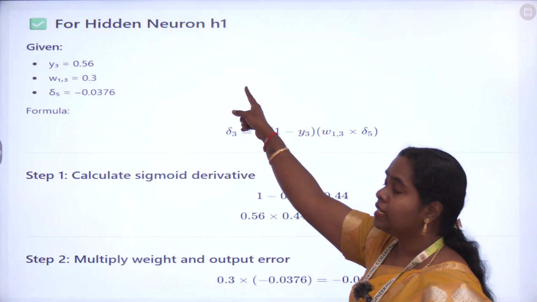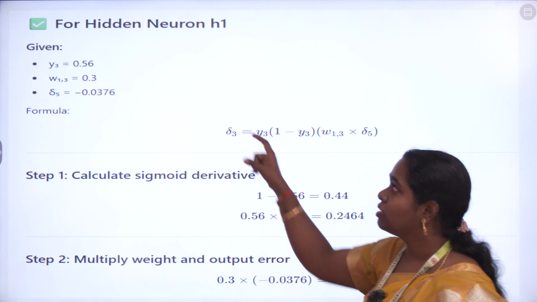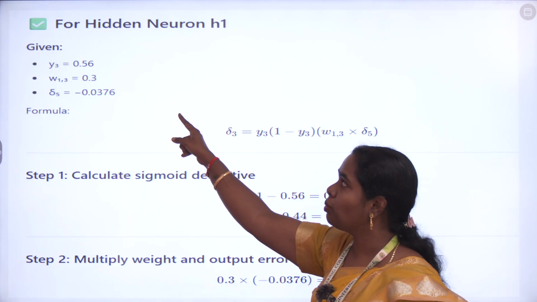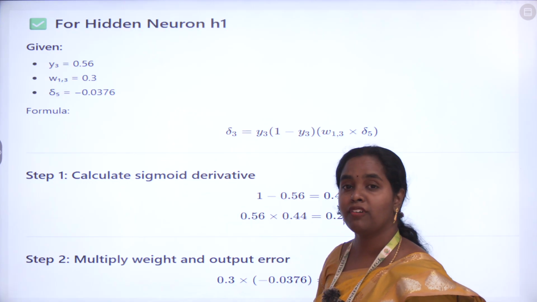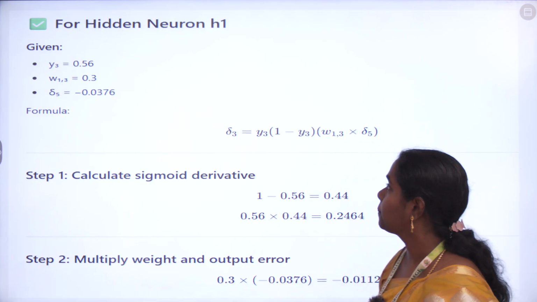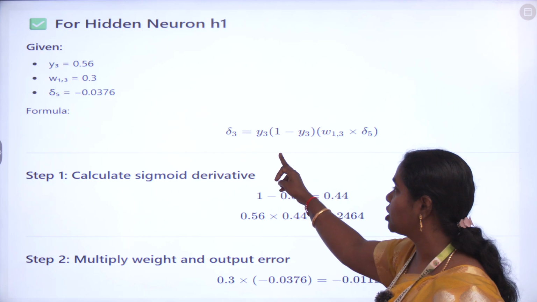Next, for the hidden neuron we have to find the H1 node first. We already have the given values: y3 is 0.56, w13 is 0.3, and delta 5 value is minus 0.0376.